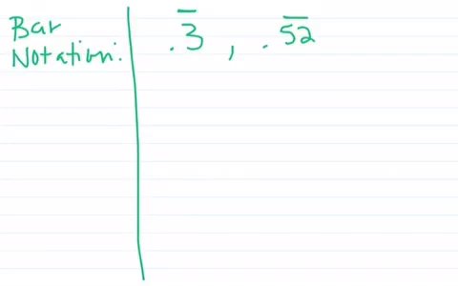And that means that those two digits are repeating. You could also put the bar over one number, and it doesn't have to be a number in the tenths place, okay? So that's bar notation. Rational numbers can be decimals that repeat themselves, so if they have that bar notation, it's going to be a repeating decimal, so it's rational.